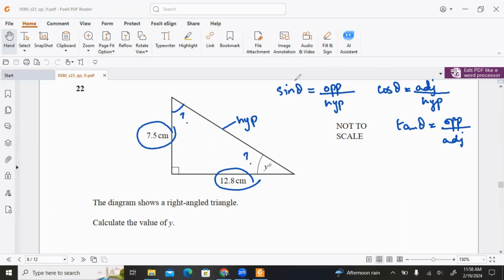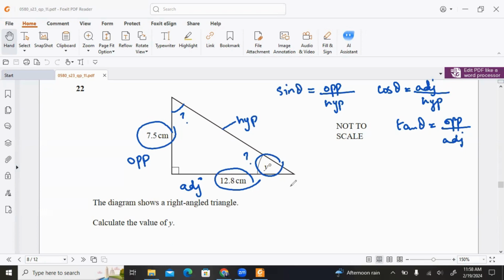For the opposite and adjacent, this depends on the angle we're focusing on. In this case, since we're focusing on angle y, the line opposite to angle y is called the opposite, and the line on which the angle lies is called the adjacent. So in this case, 12.8 is our adjacent and 7.5 is our opposite.